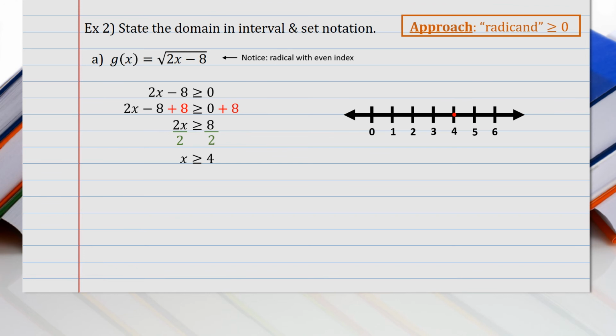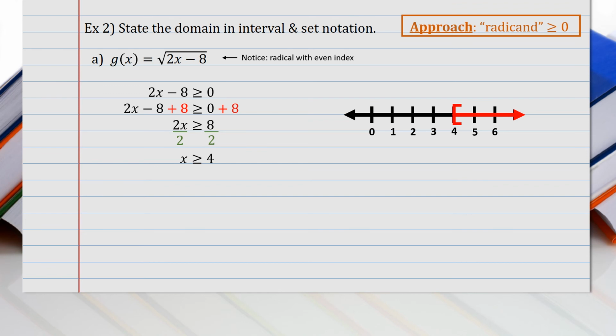Well, greater values mean bigger values, which means we would shade to the right on the number line. Now, it says x is greater than or equal to, which means can we include 4? Yes. Now remember, the symbol of a bracket is used when we include a particular value. So we will include a bracket on the number line.